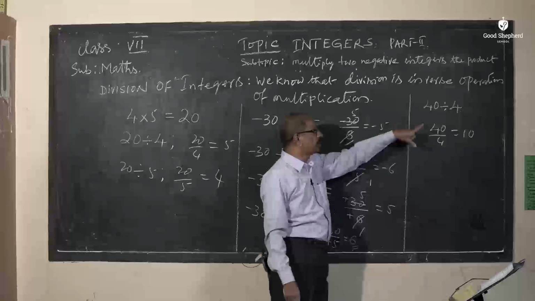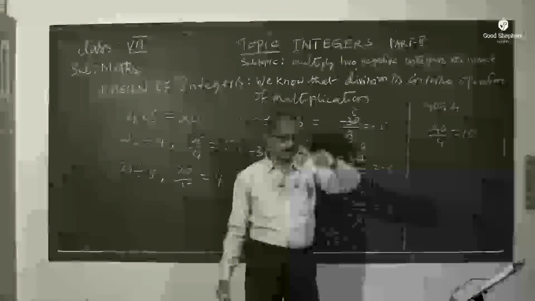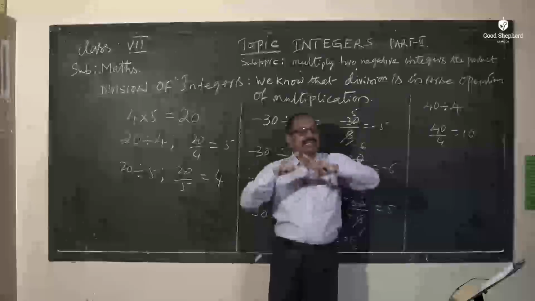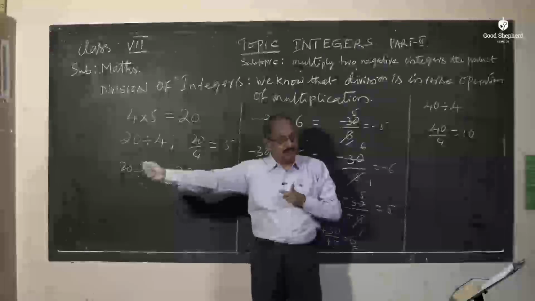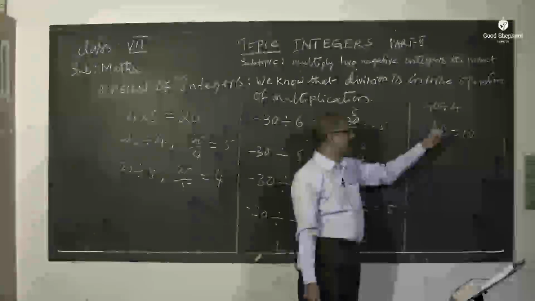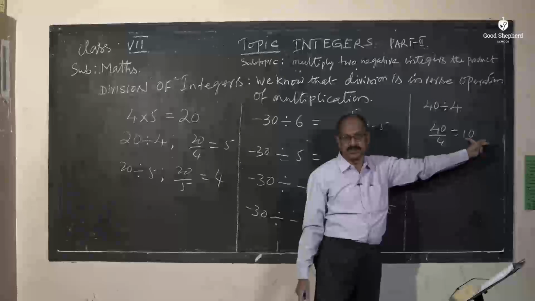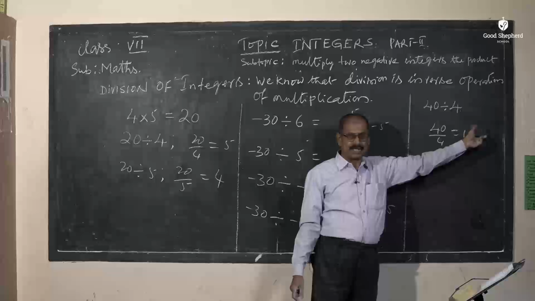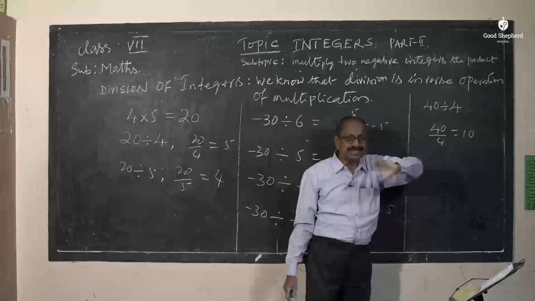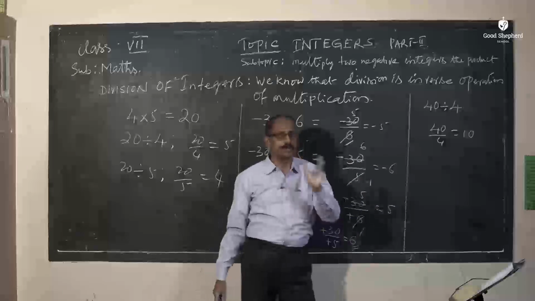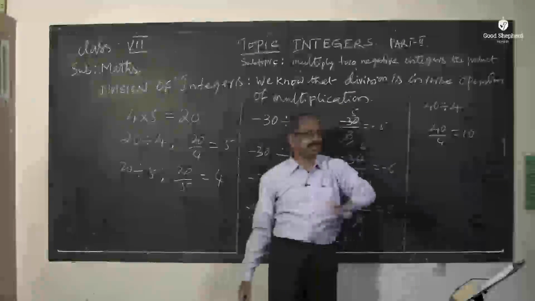Correct. So when both are positive, the result is positive. In the product of two positive signs, we also always get a positive sign. I got plus 10. So all three cases we have done: one positive and one negative, both negative, and both positive.